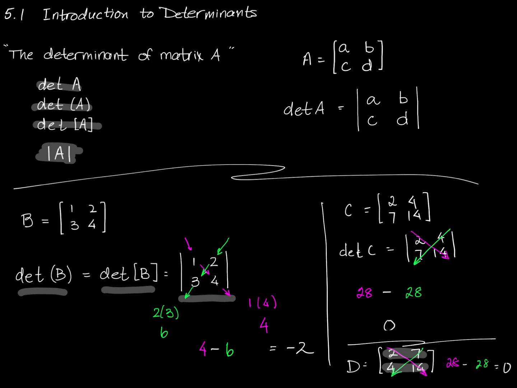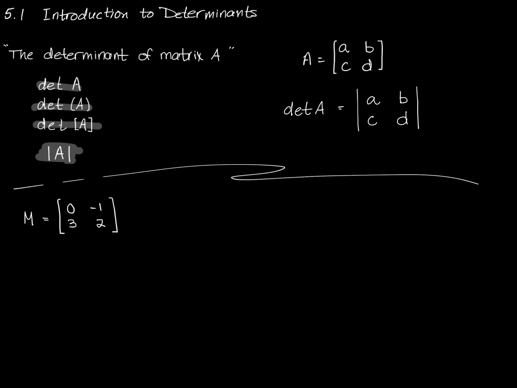I'm going to do one more just for good measure, and then we'll move on to something a little bit more interesting. So here I have matrix M, which has entries 0, -1, 3, and 2. And the determinant of M, which I could also write this way, is the matrix with components 0, -1, 3, 2 in these vertical bars.